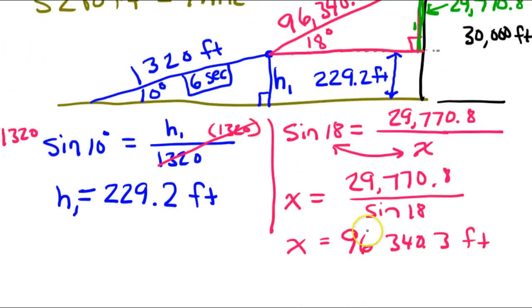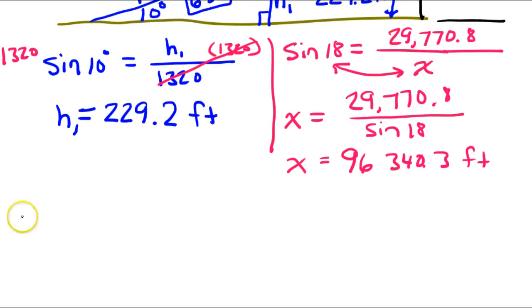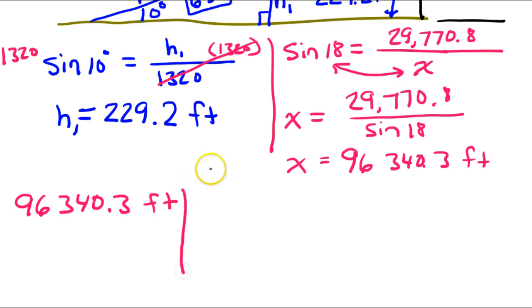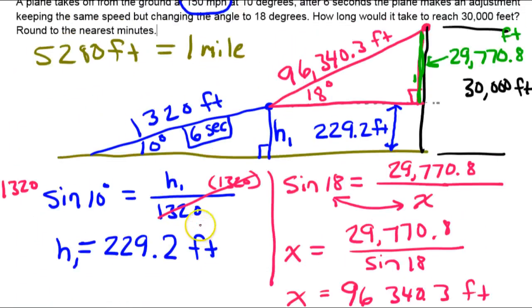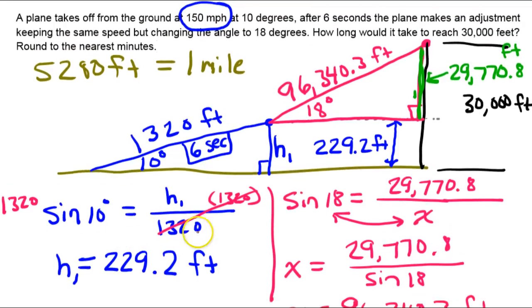So here we go. I've got this number right here, and I'm going to try to convert it into seconds. So I've got 96,340.3 feet. Now I'm going to do that unit conversion like I was doing before. What do I know?